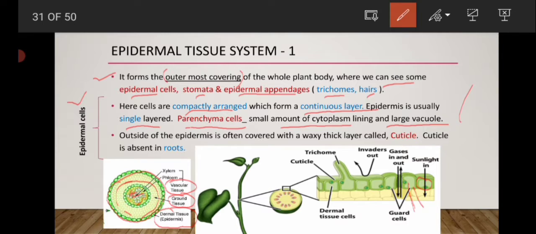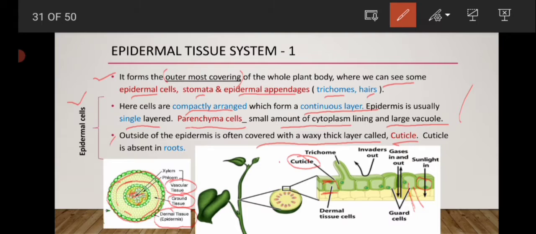So in the epidermal cells, in the outermost covering, this is the inner surface and this is the outer surface. In the outer surface, the epidermis is often covered with a waxy thick layer called cuticle. Here you can see cuticle is present on the outer surface of epidermal cells.